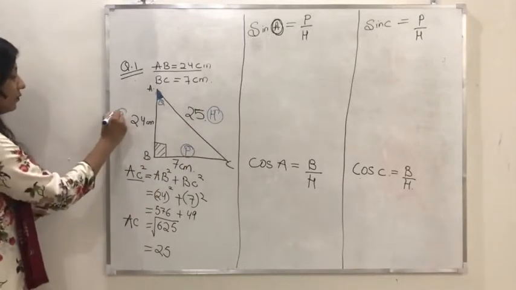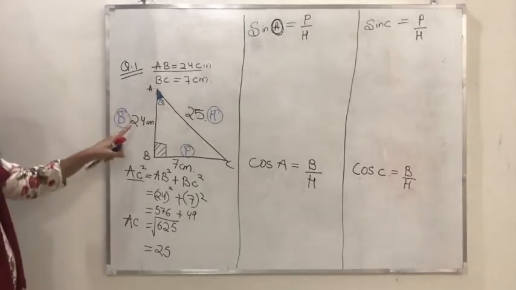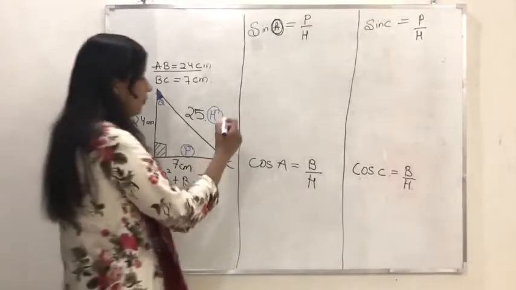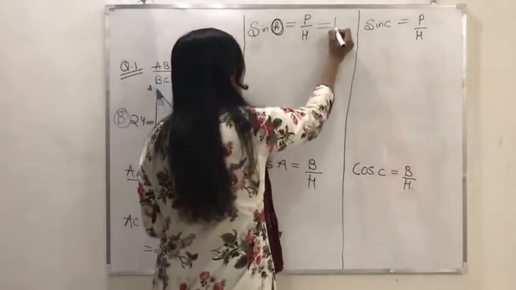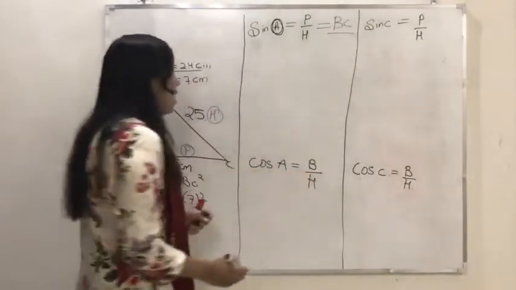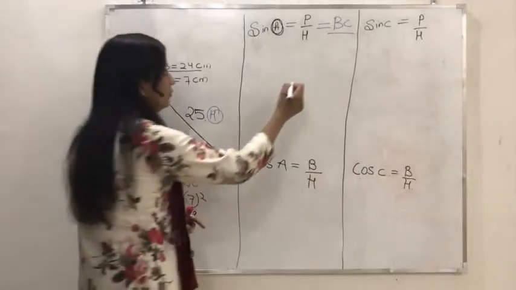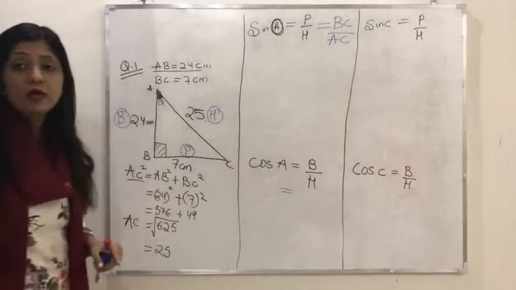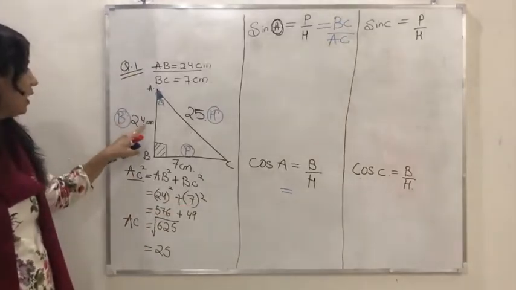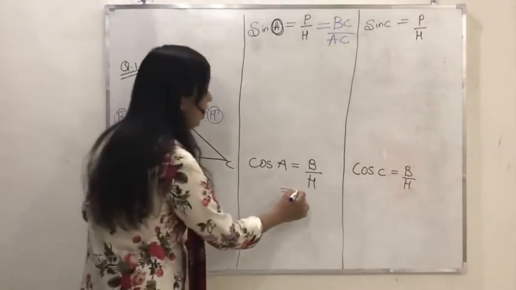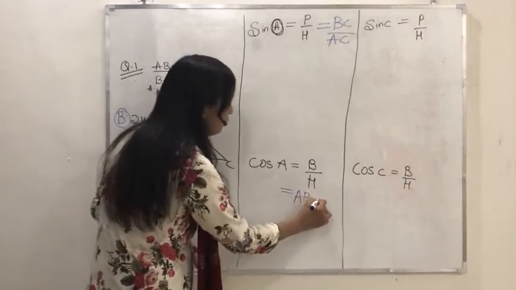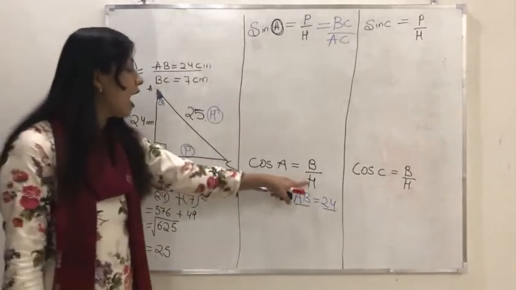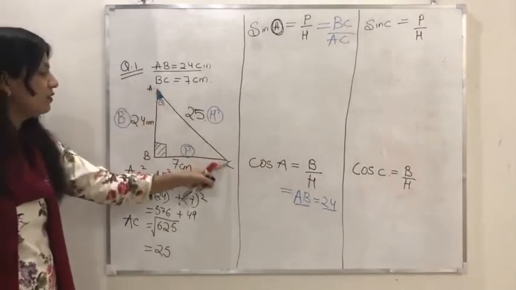That is base. So here sine A will be perpendicular, BC, upon hypotenuse, AC. Here cos A is base. Your base is AB and that is 24, upon hypotenuse. Hypotenuse is your side AC which is 25.